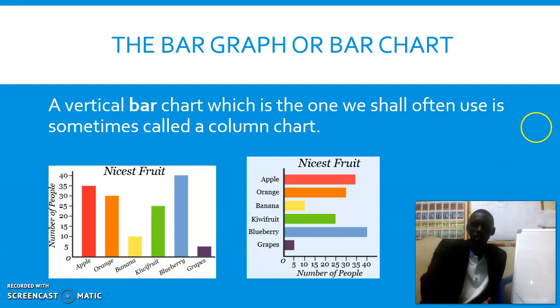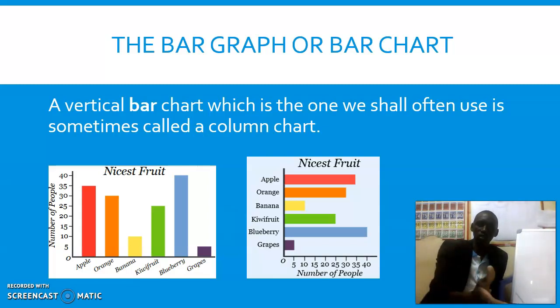So, like you may see in this representation here, perhaps different people were asked which kind of fruits they love most or that are nicest for them, and the higher the bar, it represents that more people preferred that fruit.